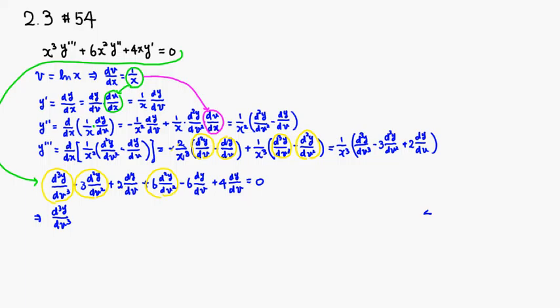So it's going to be plus 6 second derivative of y with respect to v. Then you can see that you have positive 2, negative 6, positive 4. So these actually cancel each other out, so they're gone. So this is just equal to 0.